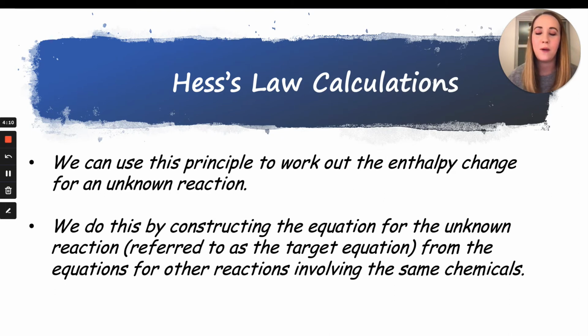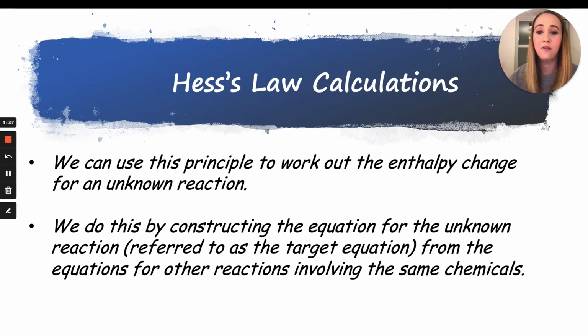So if we have something like carbon as part of our reaction, then we could think about a reaction where we're looking at the combustion of carbon. So enthalpy of combustion and combustion reactions are ones that we talked about earlier in the topic, and these are ones which are fairly straightforward for us to measure the enthalpy change for.